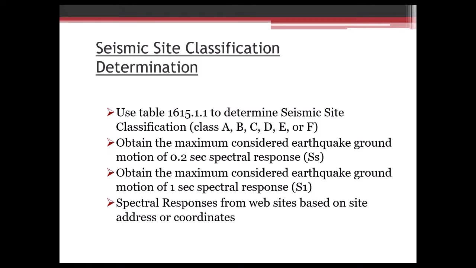Seismic site classifications are broken down into 5 categories, A through F, but not to be confused with the seismic design classification, which are also A through F. Once we determine the site classification, then we have to determine the spectral ground response, which are returned based on the site address and the coordinates from the various websites that are available.